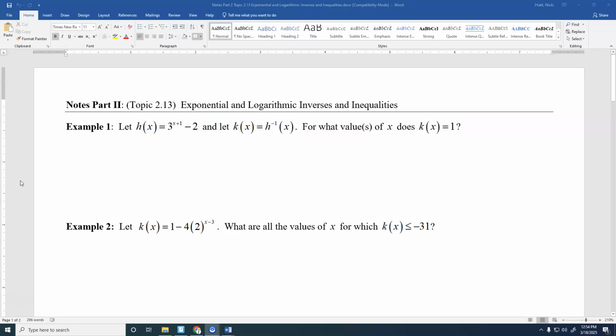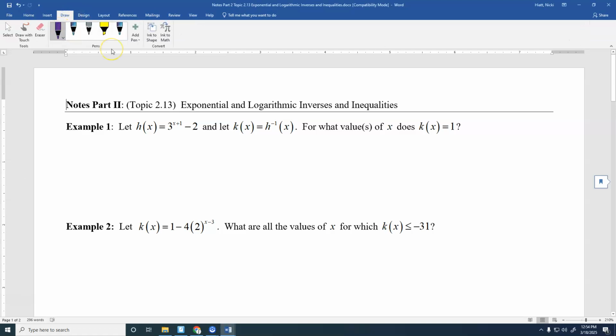Or, well, technically we don't, but maybe somebody's mind is going there first. But most of the time students don't think of that first. So if I need to find the inverse of an exponential or any function for that matter, I switch my x and y's, right? So this right here is like your y. So you're going to switch it and make it your x. So x equals 3 to the y plus 1 minus 2.